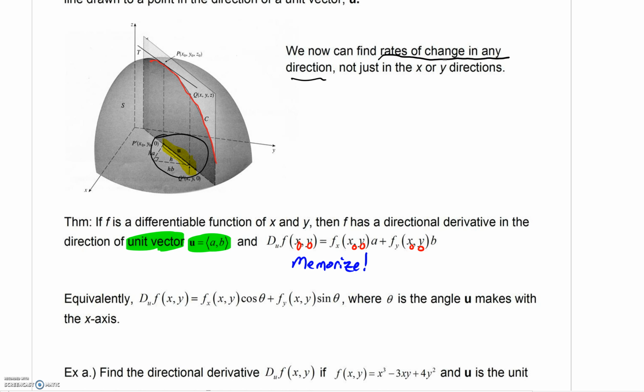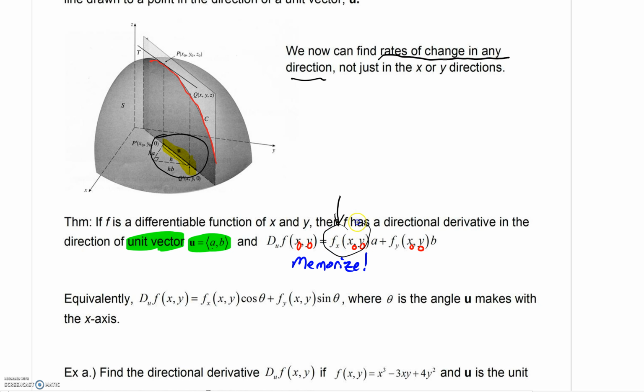Here's a theorem that should be memorized. If f is a differentiable function of x and y, then f has a directional derivative in the direction of a unit vector u with components a for x and b for y. D sub u, notice we're not writing d sub x or d sub y here, we're writing d sub u, plugging in a starting point x naught, y naught, is going to be, look at this, the partial derivative of f with respect to x, substituting in that initial point, multiplied by the x component.